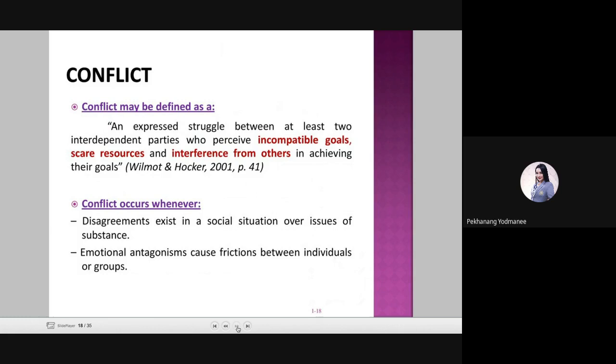Okay, and next, conflict. About conflict, okay, as we have been discussing, a potential consequence of interdependent relationship is conflict.